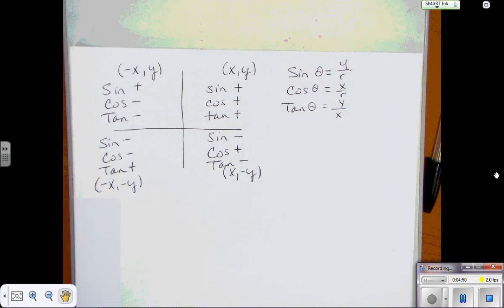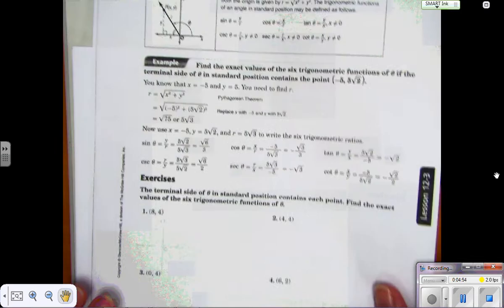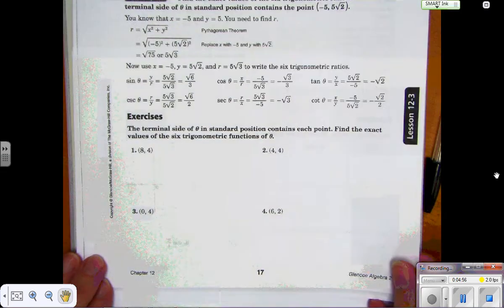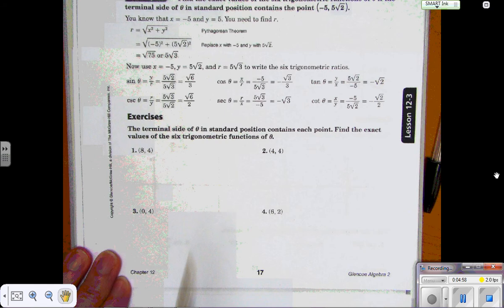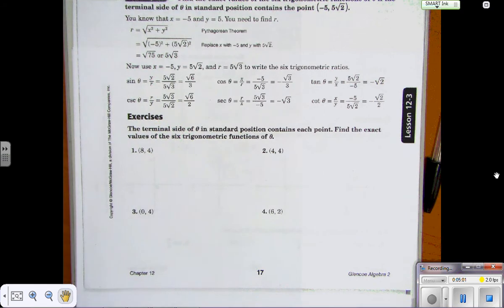Let's look down at the bottom of your page on page 17. Number 1 says the terminal side of theta in standard position contains each point. Find the exact values of the 6 trig functions of theta. Both your values are positive, so you're in the first quadrant, which means all of your trig ratios will be positive.